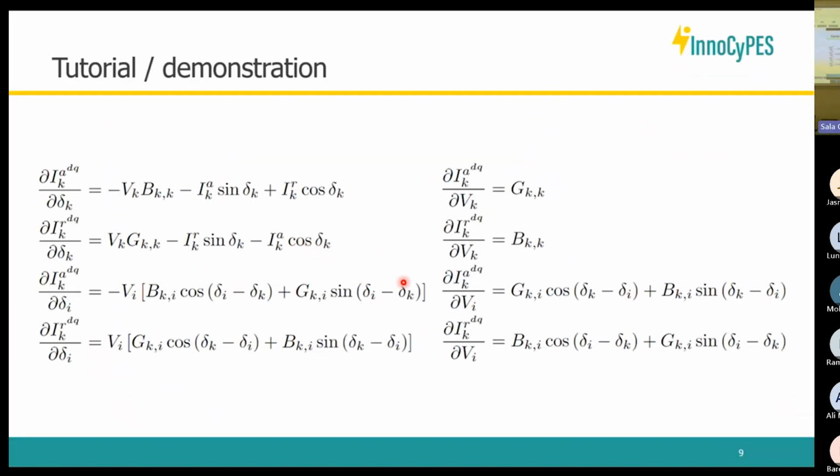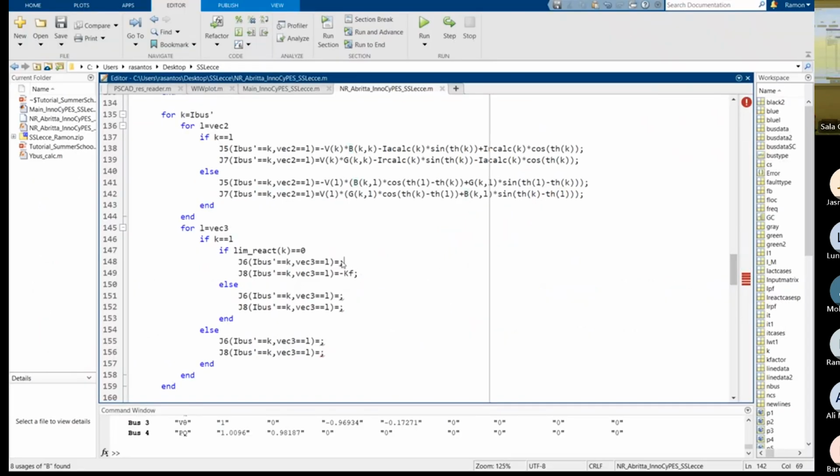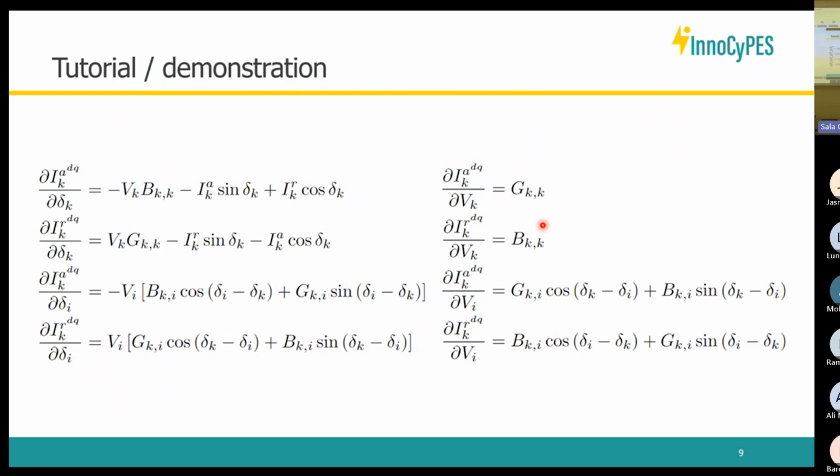Yep. So now the derivatives with respect to the voltage. I should probably have said it more clearly before, but in this polar formulation, the variables that we want to find are the voltage levels and the phases of the buses.